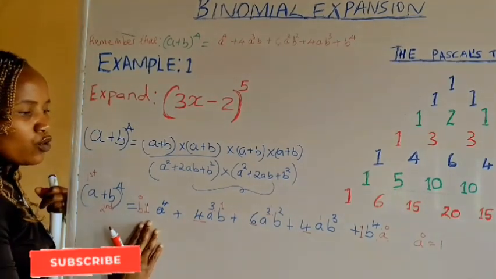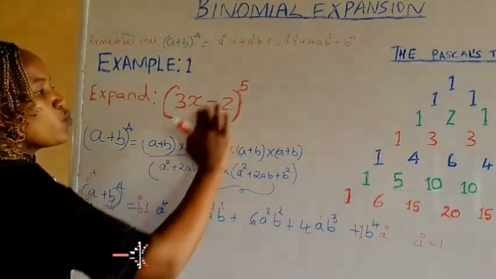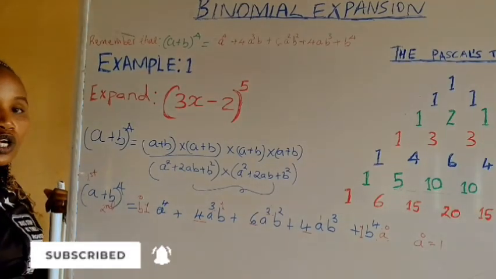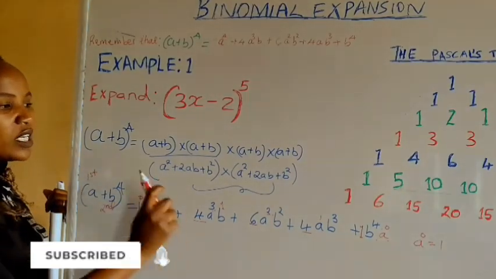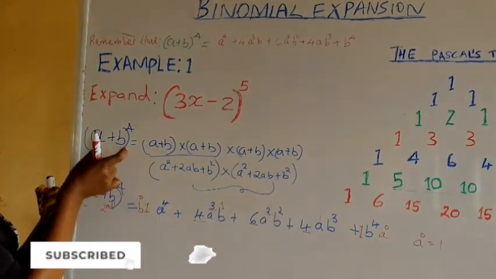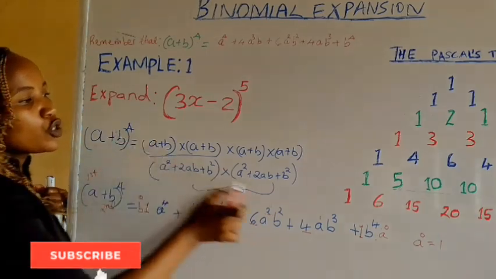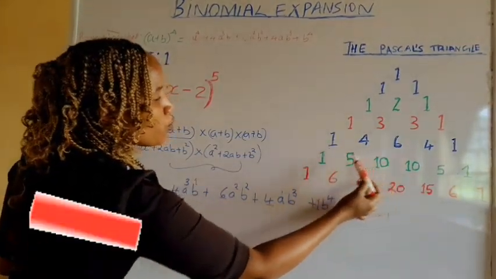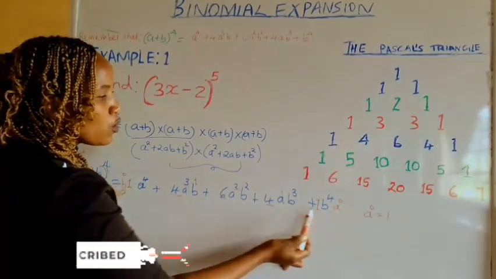So when you understand what is happening, then it is easy to expand any value that is presented to you. But note, when you are expanding, you need to consider the Pascal's triangle with the kind of power that you want to expand. In this case, it was power 4, so we look at the Pascal's triangle for power 4, which has coefficients 1, 4, 6, 4, 1.